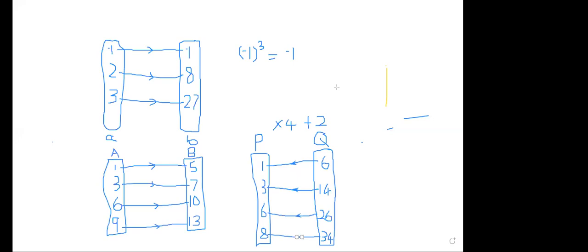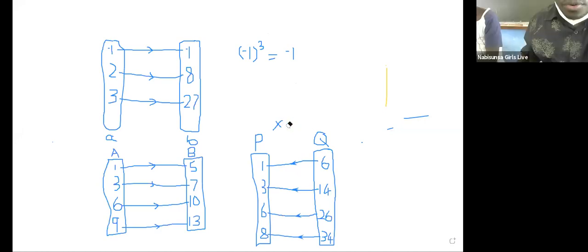Teacher, that place where you put times 4 plus 2, if you have exchanged the arrows, can't you also use divide by 4 minus 2? This relationship is now going to change to what?